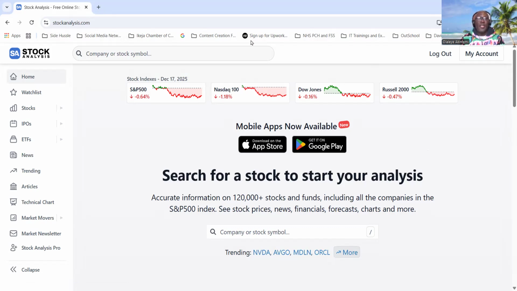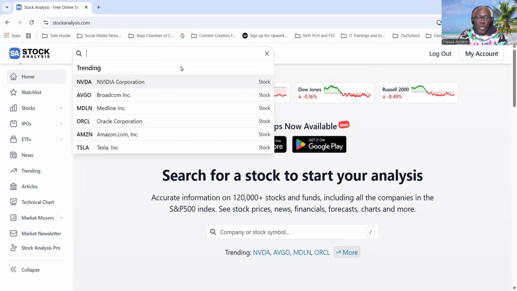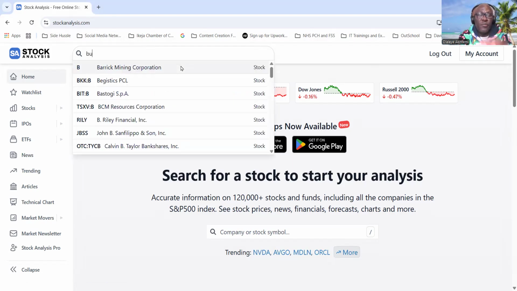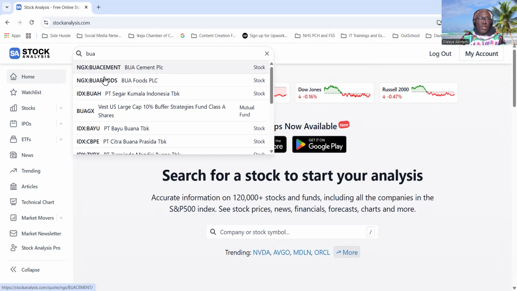So now we are in the website. How do we go about using the tool? You can see where it says company or stock symbol. So you type in the name of your stock. So let's say I want to start with Boa Food. Now, another thing you will notice is that these stocks are preceded by different abbreviations.